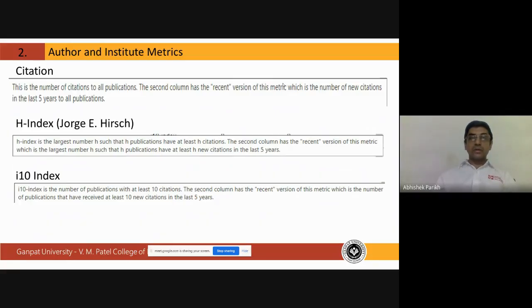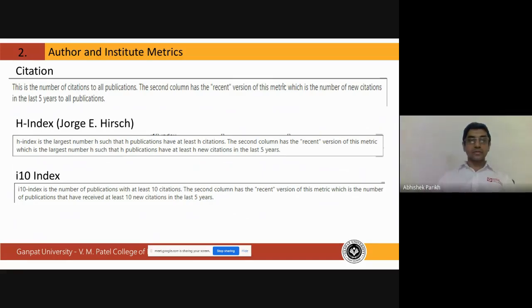Simply, if I have a total of 10 publications, for example, out of that, my highest citations are 7, 6, 5, and then less than 2. Now here, I need to start with 7. Do I have 7 articles with 7 citations? No, I have only one article with 7 citations. So H index is not 7.